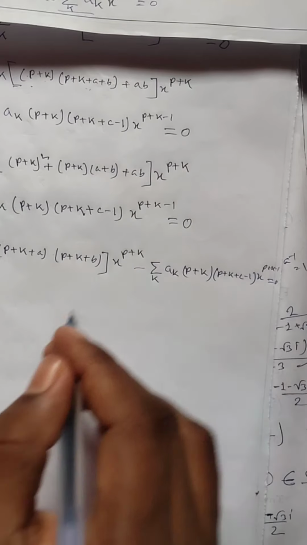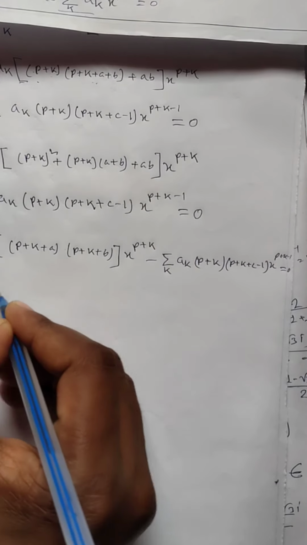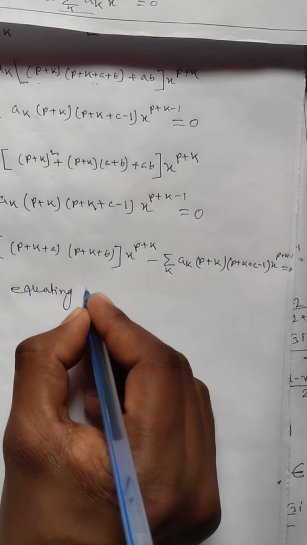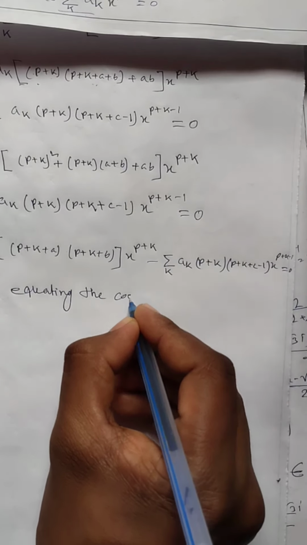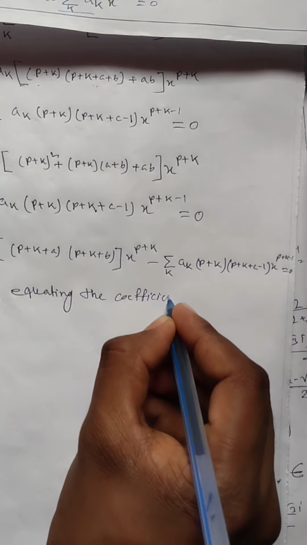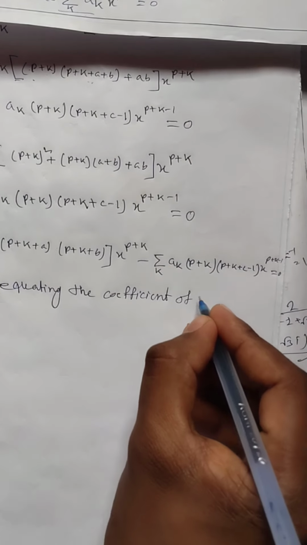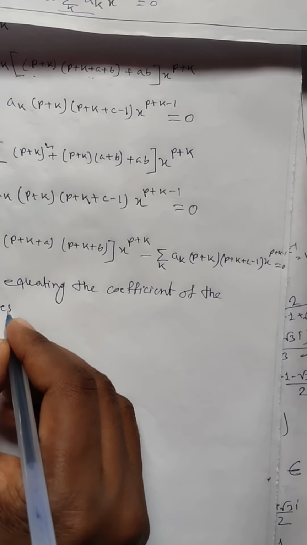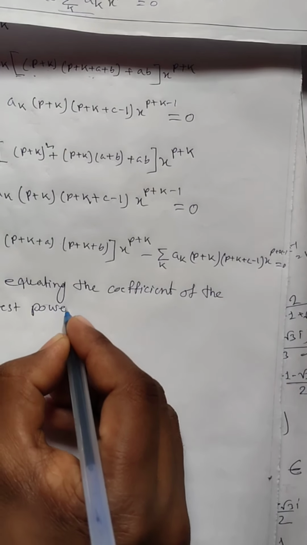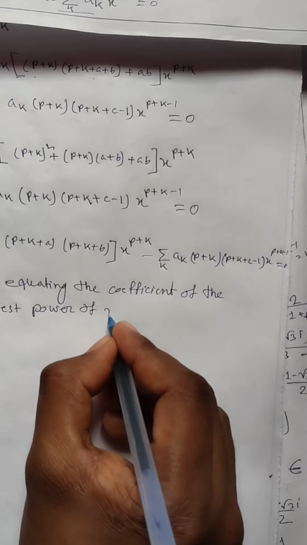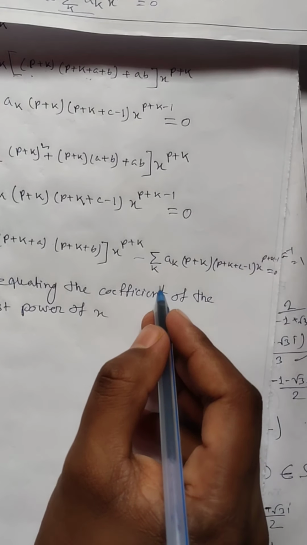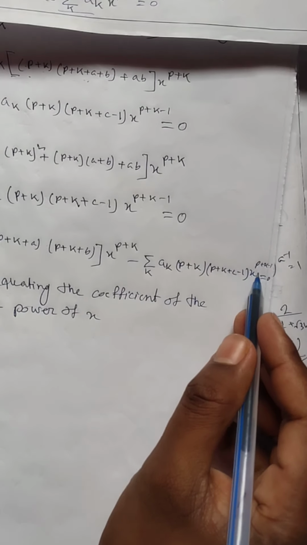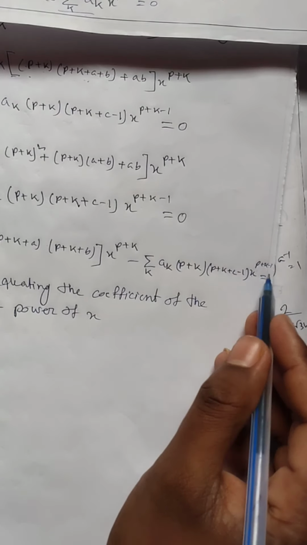Here we do now equating the coefficient. Now equating the coefficient of the lowest power of x. Here we take the coefficient of the lowest power of x, meaning x to the power p plus k minus 1.